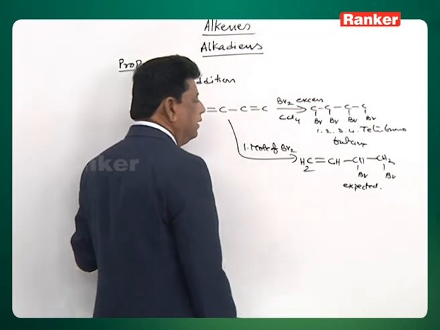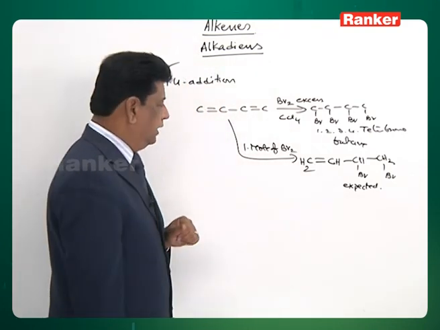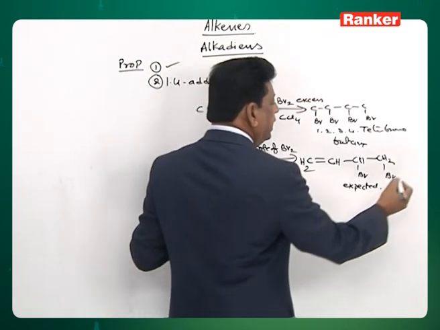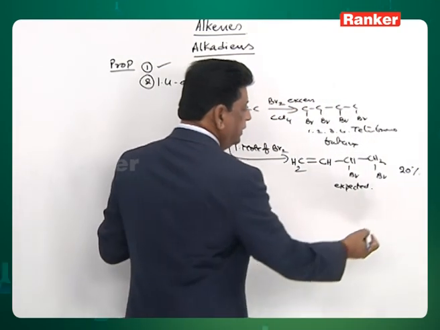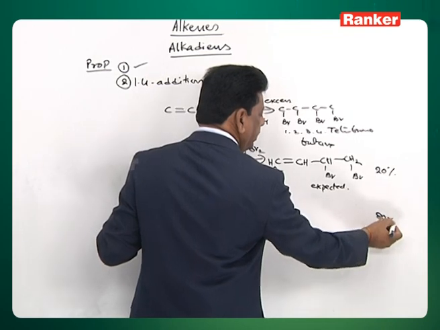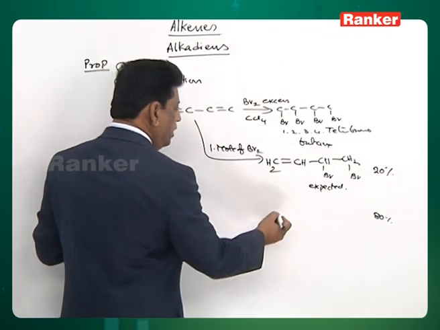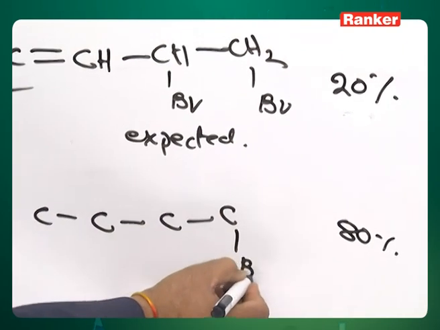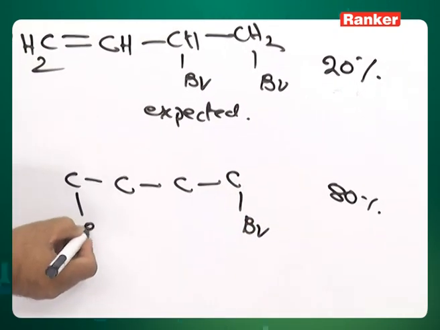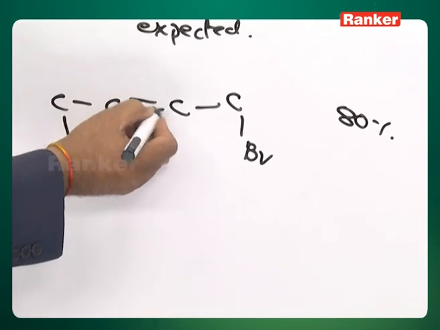And in fact, in practice, this expected answer is found to be only 20%. And 80% was observed as some other product. What is that other product? One bromine was added on the first carbon, another bromine is added on the last carbon, and the double bond is shifted to the center.